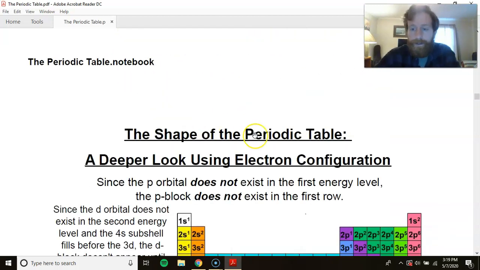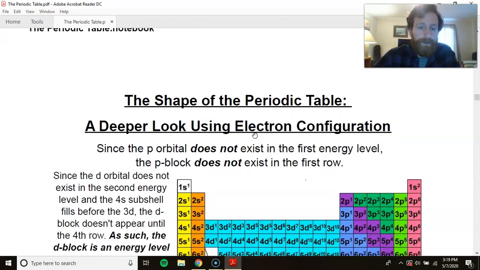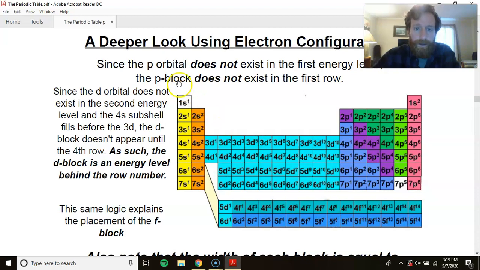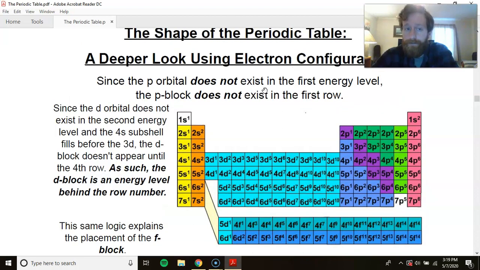So the shape of the periodic table is continued here. We're going to do a deeper look using electron configuration. Since the p orbital does not exist in the first energy level, think back to the order in which you do electron configuration. It goes 1s and then 2s right away.